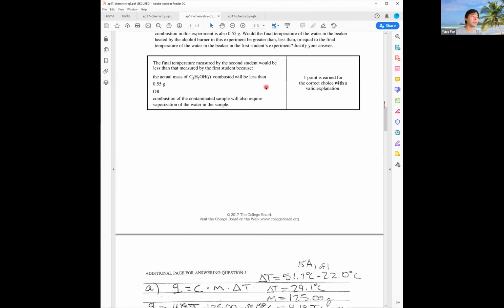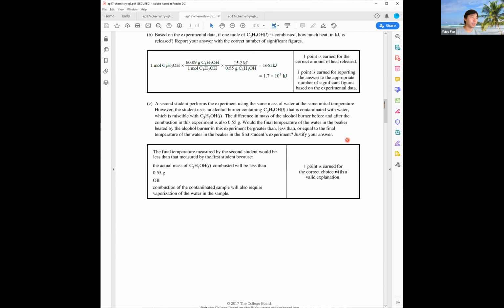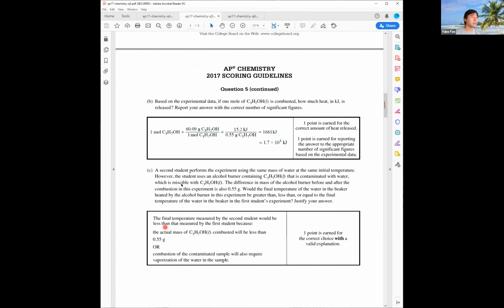I think that should be enough because it's not pure anymore, and the actual mass of the isopropanol is less than 0.55 gram. So I think that's a good explanation already. I just thought a little bit too much about that.